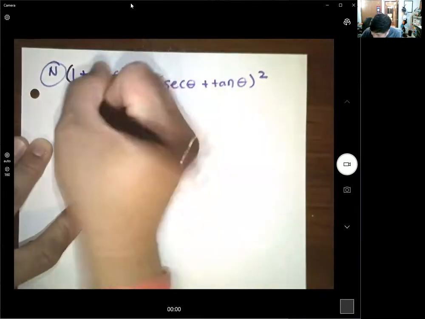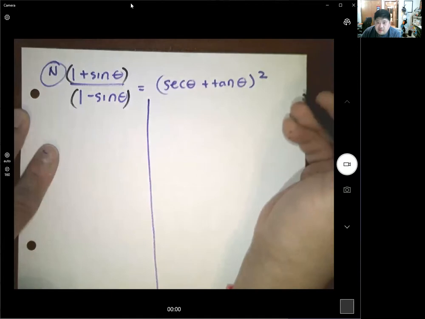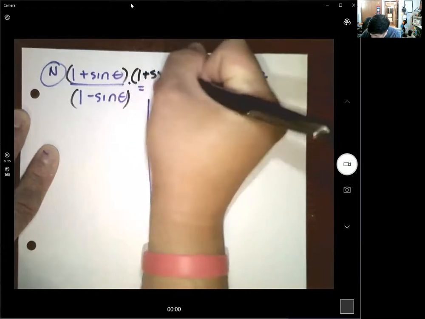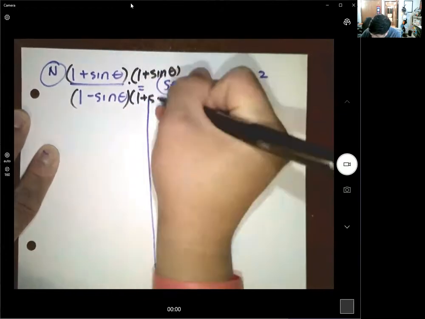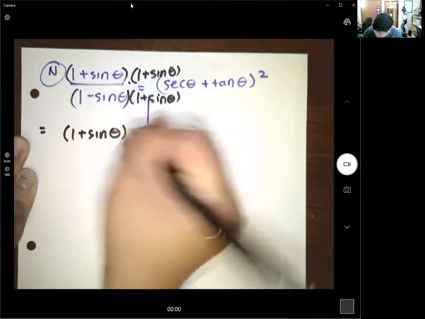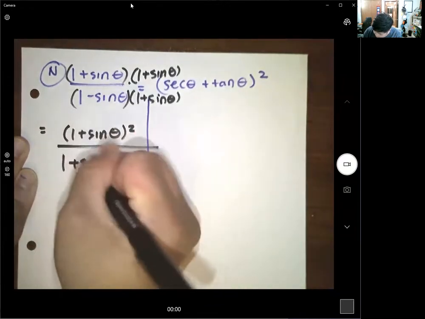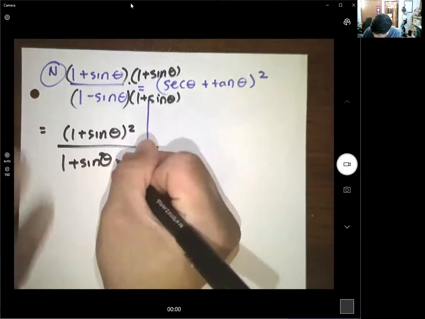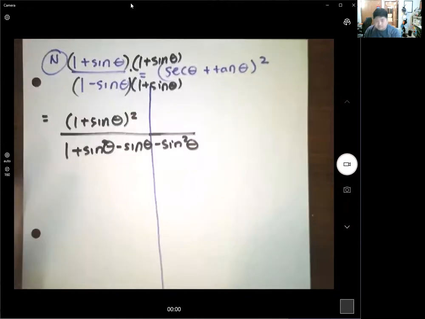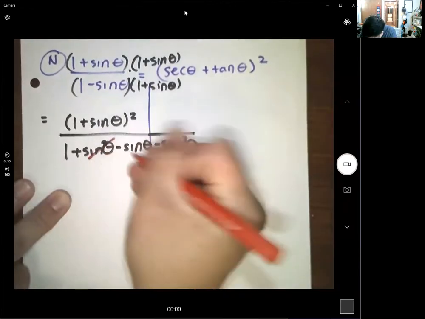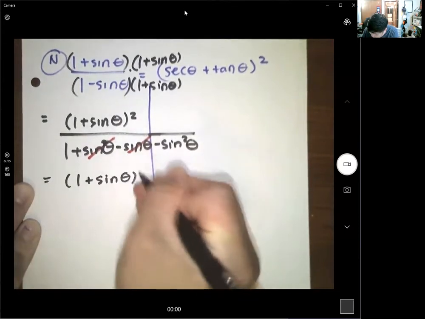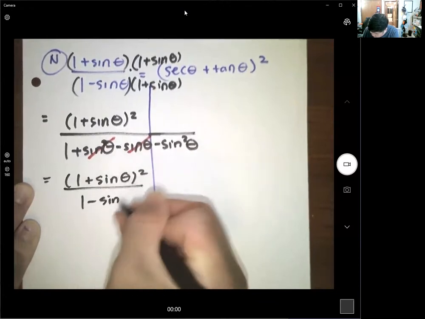So I'm going to multiply by the conjugate of the denominator. So 1 plus sine of theta, 1 plus sine of theta. So in the numerator, I have 1 plus sine of theta squared, denominator 1 plus sine of theta minus sine of theta minus sine squared theta. So then the sine of theta zero out. So in the numerator, 1 plus sine of theta all squared, denominator 1 minus sine squared theta.